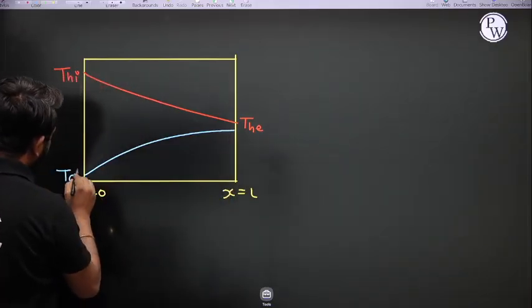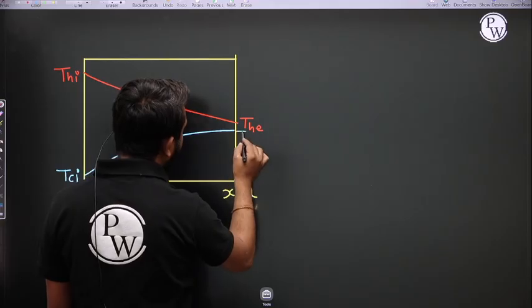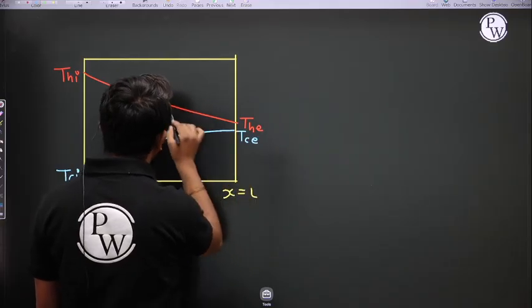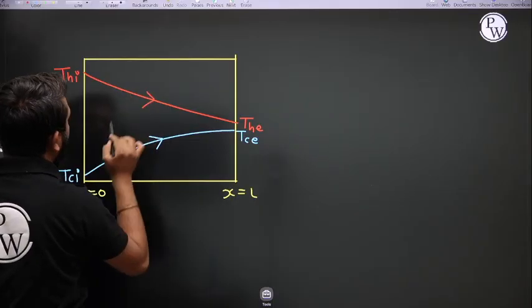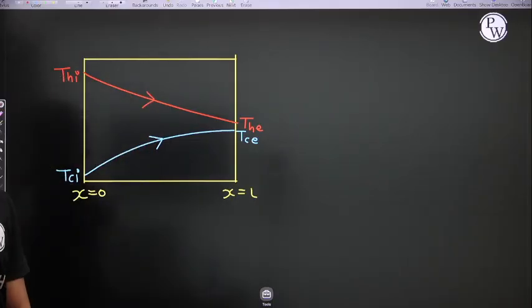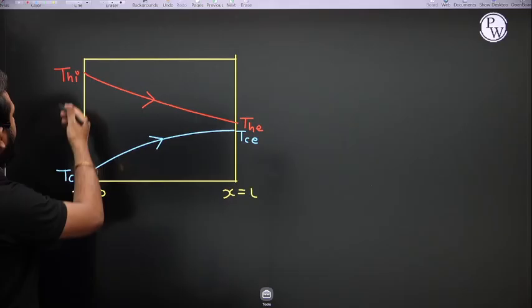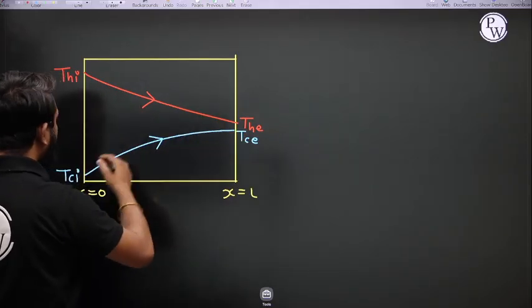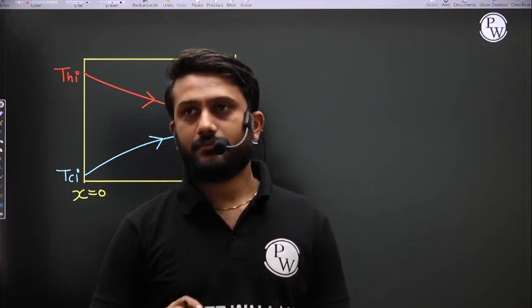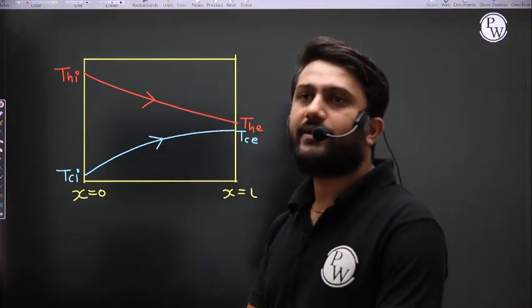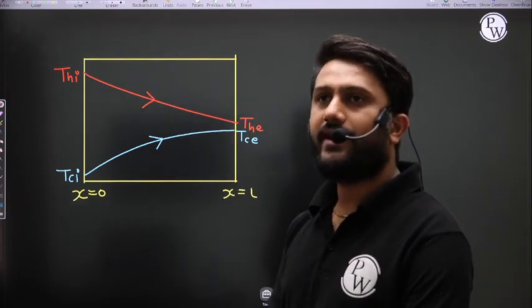This is the Tci, and this is the Tce. That is the hot fluid inlet temperature, hot fluid exit temperature, cold fluid inlet temperature, and cold fluid exit temperature.